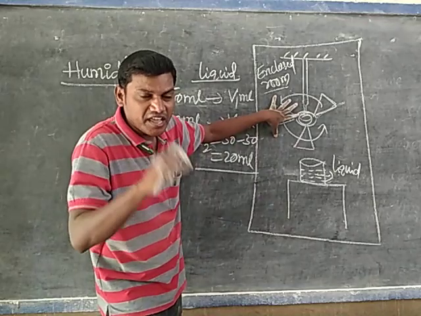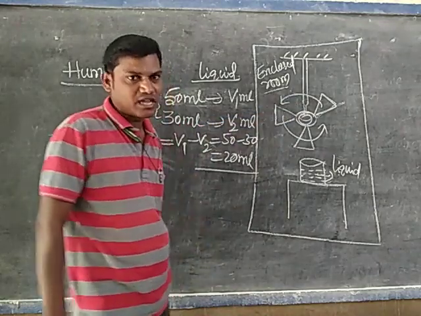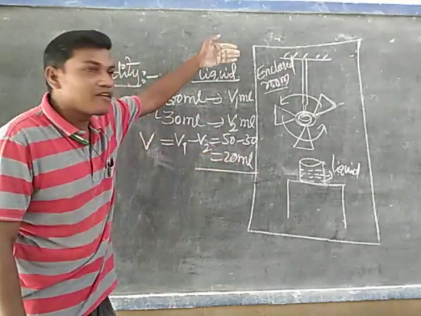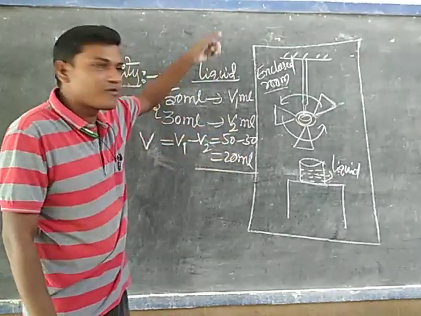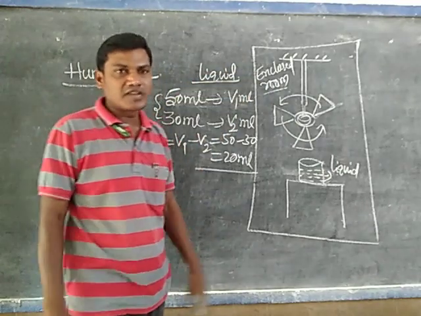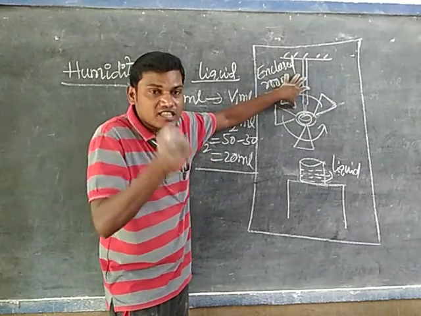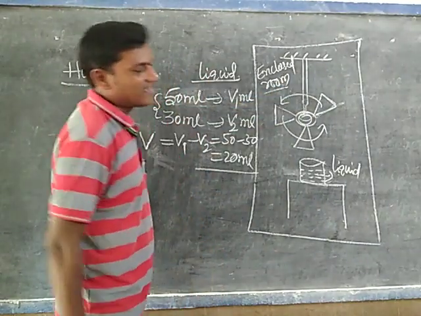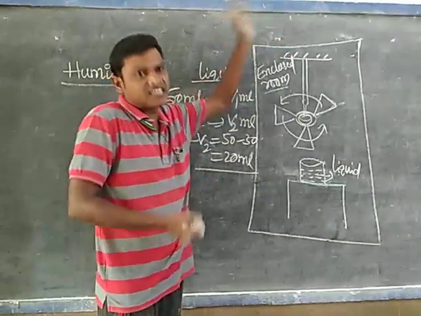We already know that air contains some concentration of water molecules, but now 20 ml of liquid is converted to vapor, and this vaporized water will combine again with the air present in the room. Due to that, the concentration of the water molecules in the air increases.